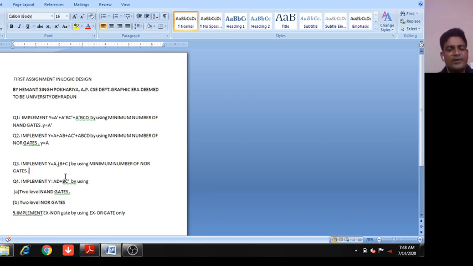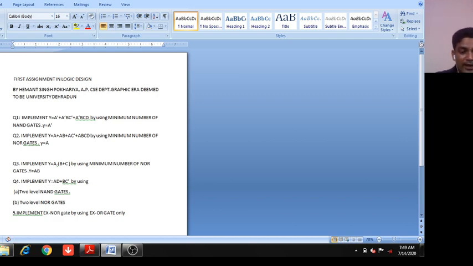Y equals A dot (B plus C). If you take the whole complement of B plus C, this is B bar C bar, and again B bar and C bar are coming, so your gates will increase. In the last class I discussed how to avoid B bar or C bar. So instead of this, use Y equals AB.